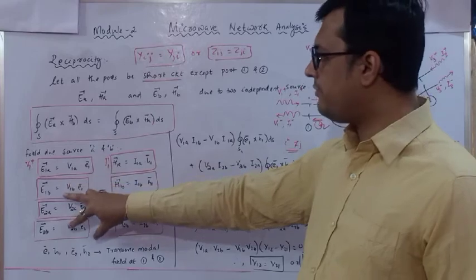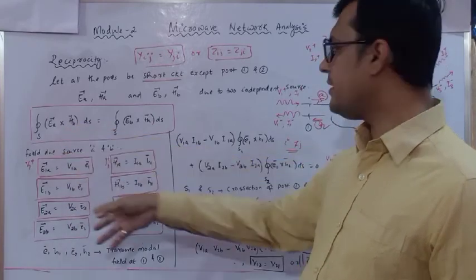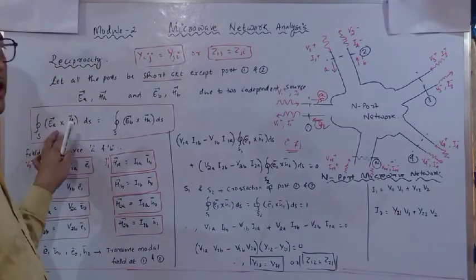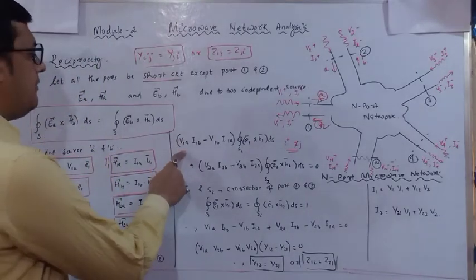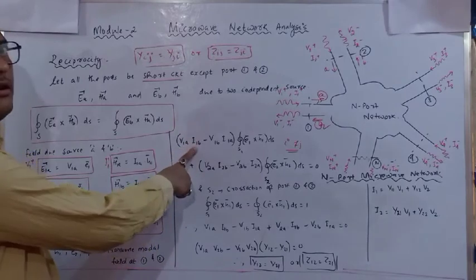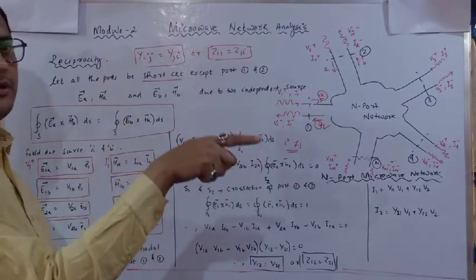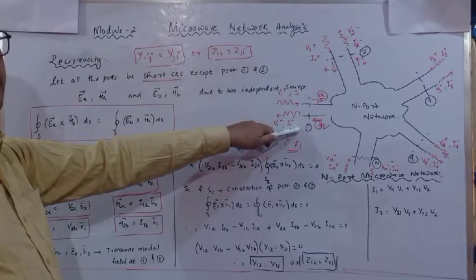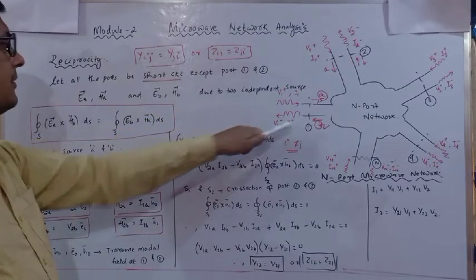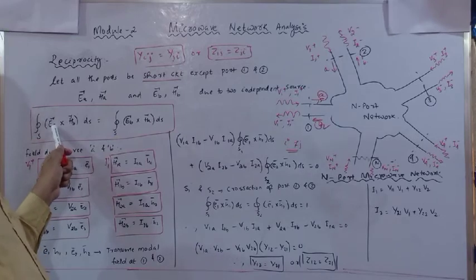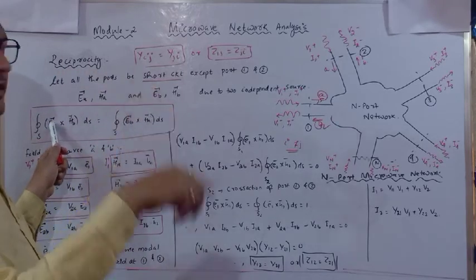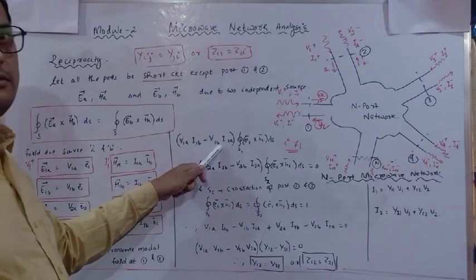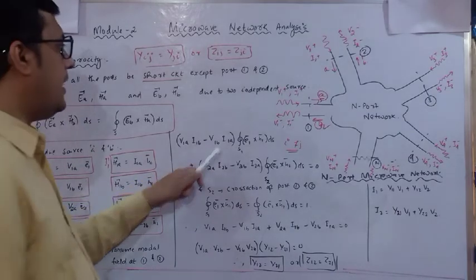Now you have to substitute all these parameters here. So here I have substituted. First equation I am getting with respect to EA cross HB as V1A into I1B, means incident potential at port 1 multiplied with the reflected current, minus V1B into I1A.